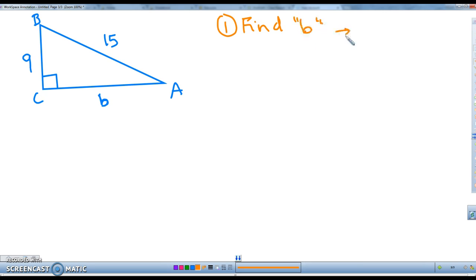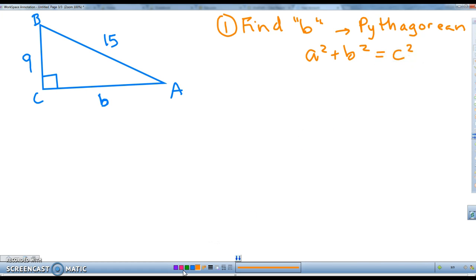And luckily, we know a really cool theorem which we could use. So go ahead and tell me what theorem we might be able to use. Good, hopefully we said Pythagorean theorem, which is that a squared plus b squared equals c squared.